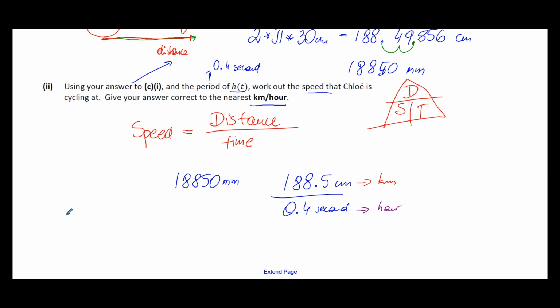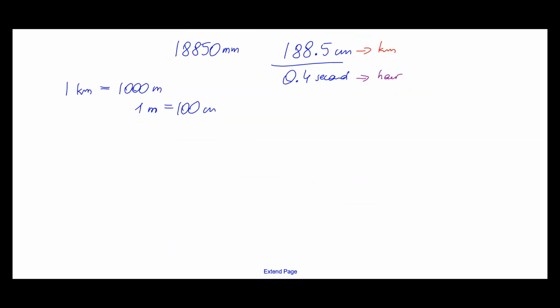We know that 1 kilometer is 1,000 meters, and 1 meter is 100 centimeters. So I need to change 188.5 centimeters into kilometers.